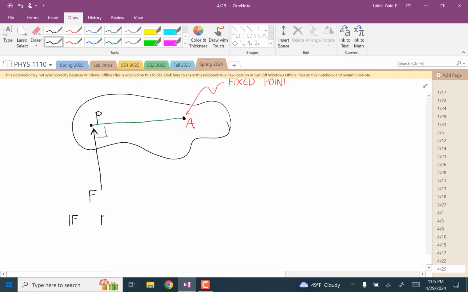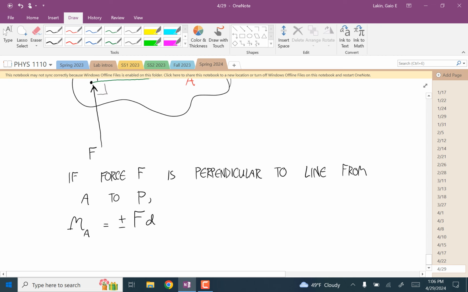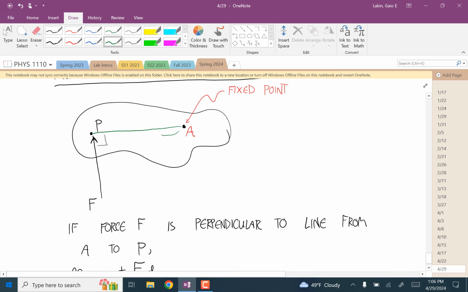So if the force F is perpendicular to the line from A to P, then the moment about A is plus or minus the force times the distance d, where this is d.